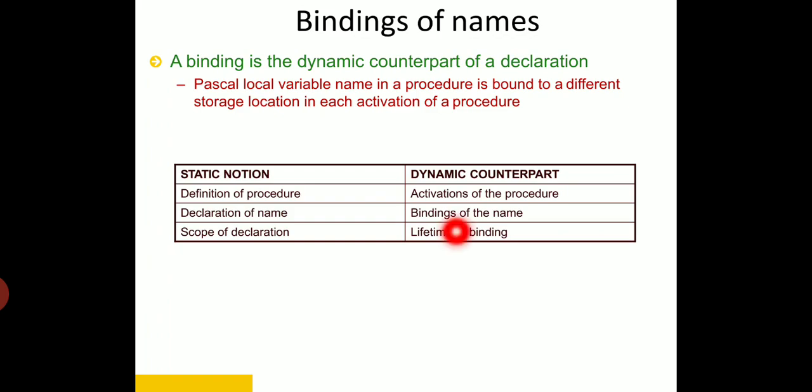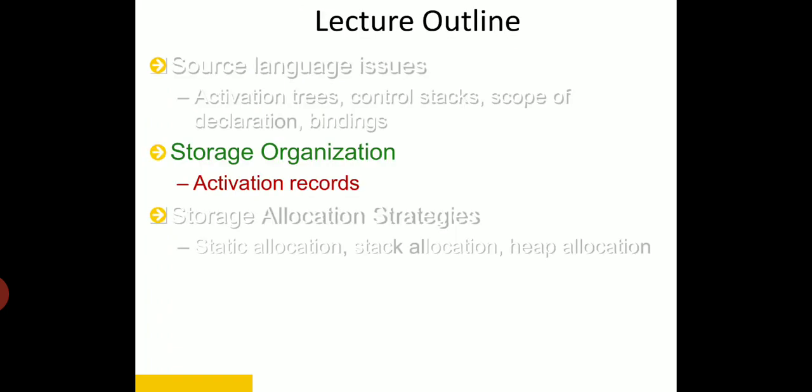So the activation is the dynamic part. In the case of a variable name, the dynamic part is the bindings. In the case of a declaration, the scope of the declaration of a variable is static, and the lifetime of the binding is the dynamic part. So that is all about the source language issues.